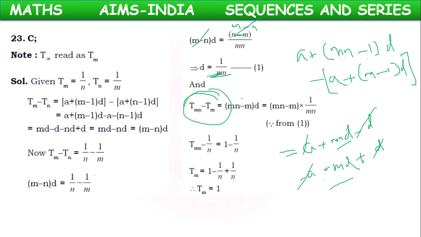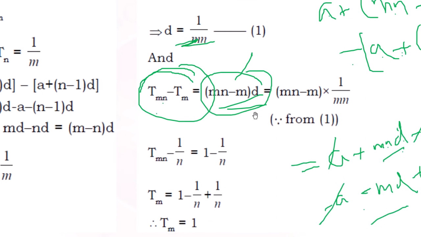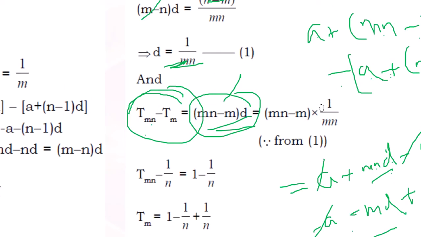If we take d as common, we get mn minus m into d, and in the place of d we can keep 1 by mn.